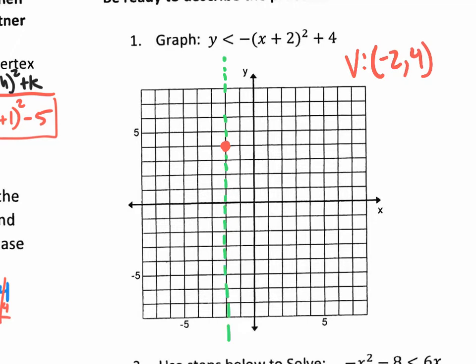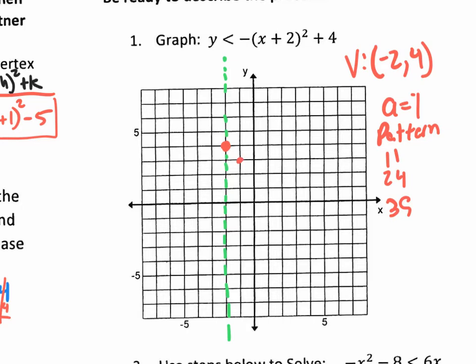We need more points. What could we do? Because the a value is negative 1, it doesn't matter if it's 1 or negative 1, you could use the pattern 1, 1, 2, 4, 3, 9. So what does that mean? From the vertex I go 1 over and 1 up or 1 down? Down, because the a value is negative. So 1 over, 1 down. Let's put a dot right there.